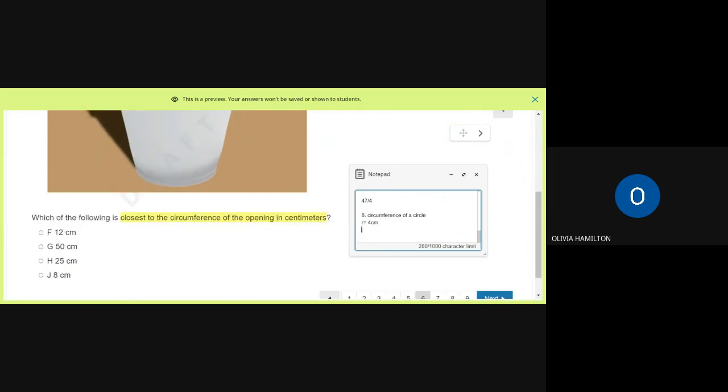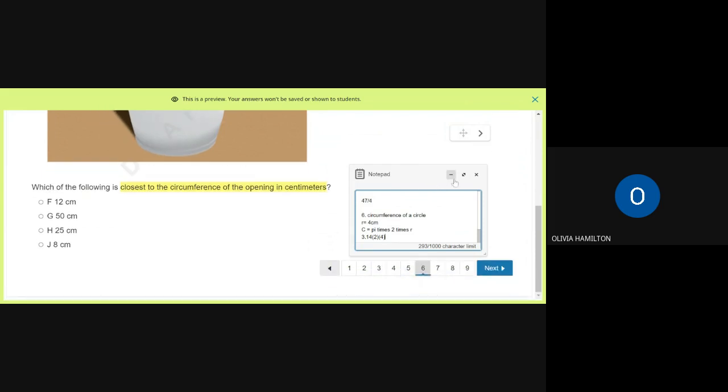And the formula we use for radius is C equals pi times 2 times R. So to set this up, I have 3.14 times 2 times 4. And once I finish multiplying all these numbers, that will arrive at the answer I need.